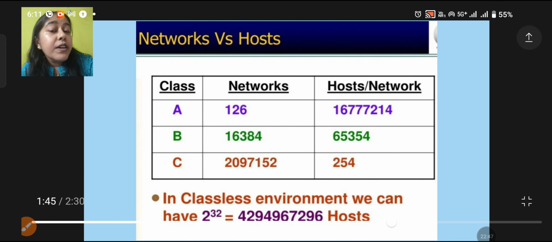Now network versus host, class, network and host. Class A has 126 networks, with 16777214 hosts per network.